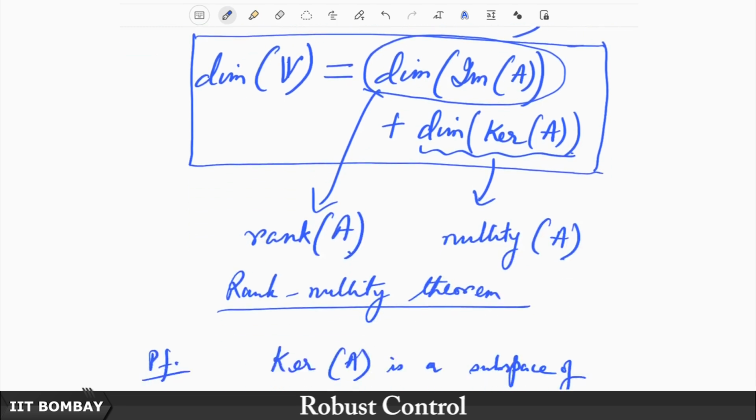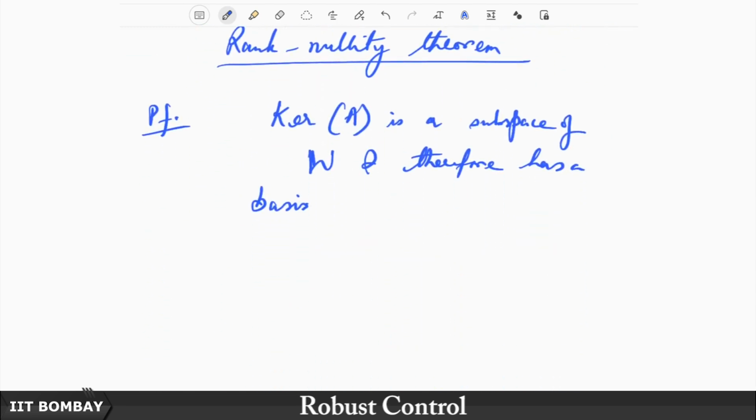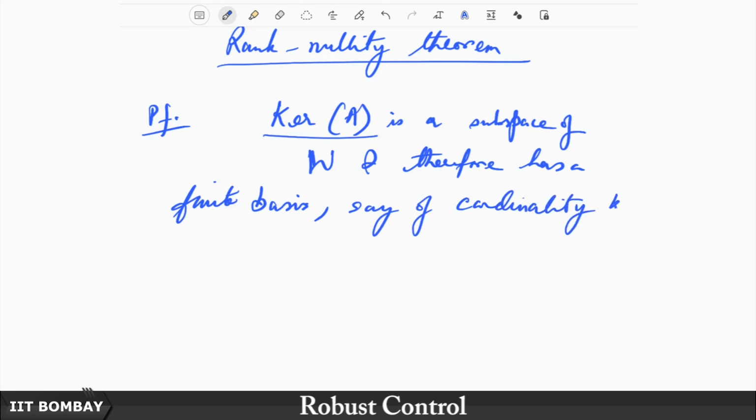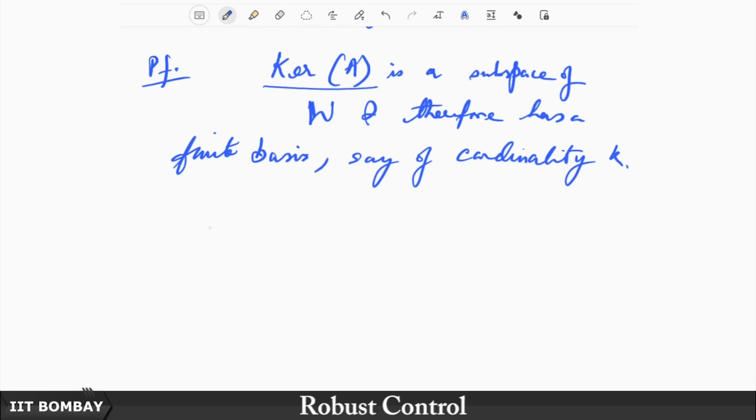So, we assume that if W has a finite basis, that is, the cardinality of the basis set is finite, then so is the cardinality of any basis of a subspace of W, and clearly the kernel of A is one such subspace of W, and therefore it has a finite basis, say of cardinality K. So let us assume that this basis for the kernel of A is given by the vectors P1, P2, dot dot dot, up to Pk.